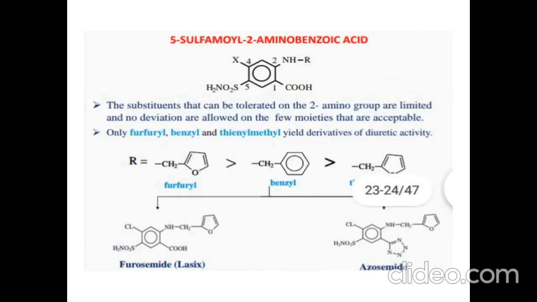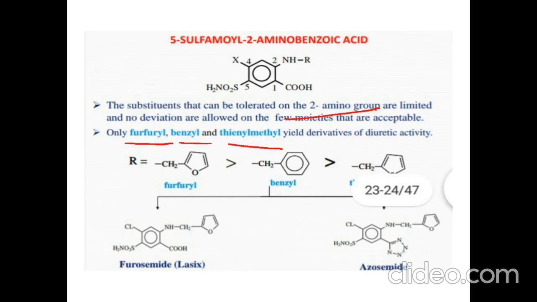As we have told, the substitutions which can be present on the 2-amino group are limited in number. So only furfuryl, benzyl and thienyl methyl derivatives can be present.